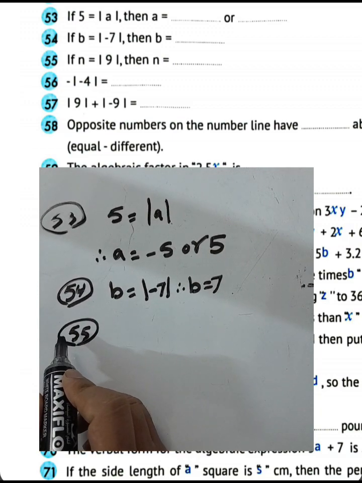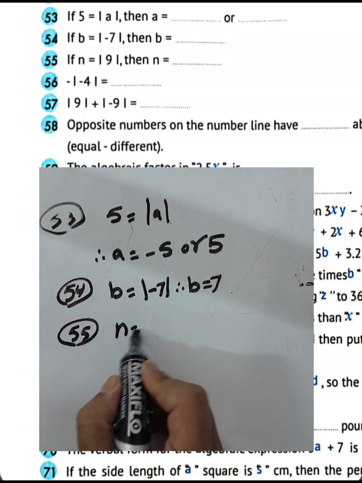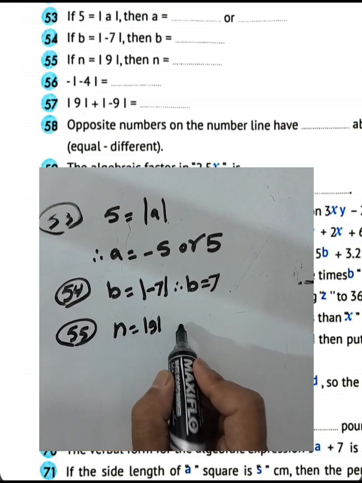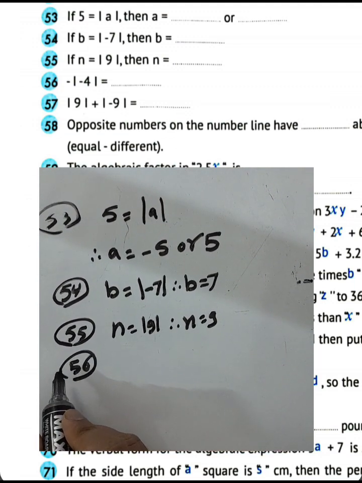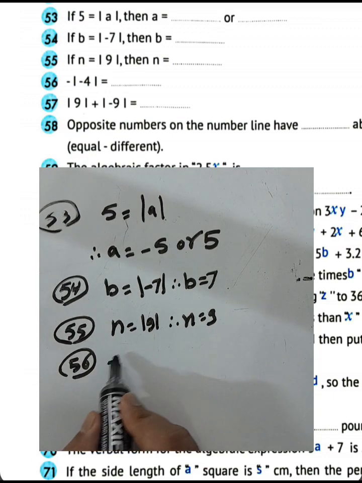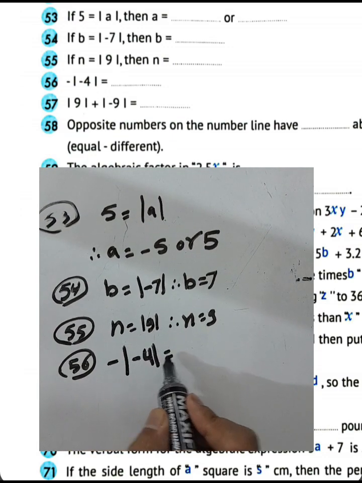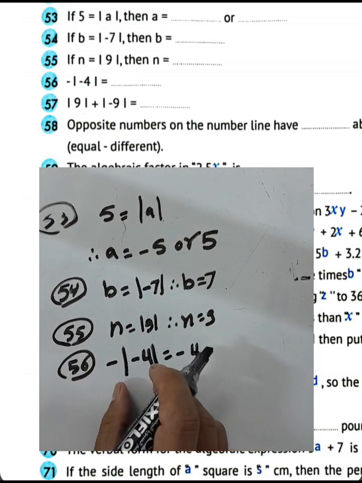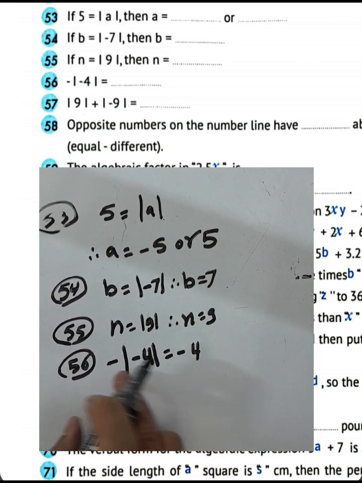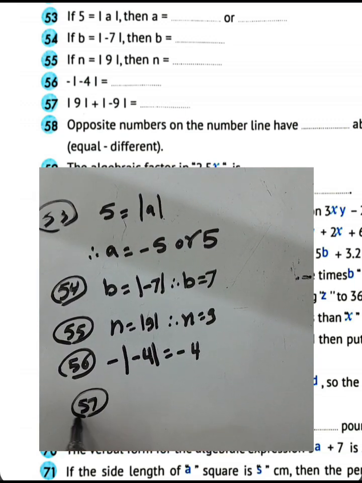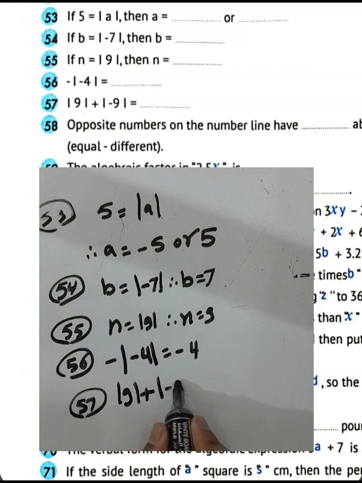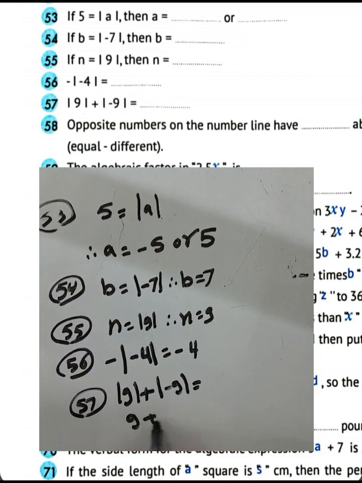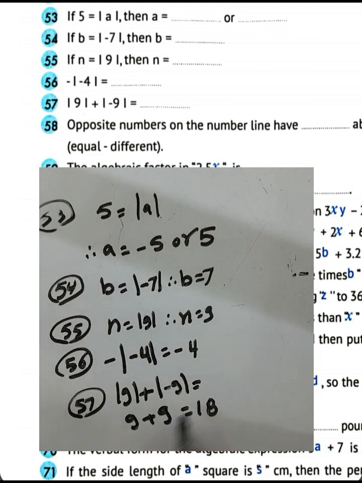Question 55. n equals absolute value of 9, then n will be 9. Question 56. Negative absolute value of negative 4, the result will be negative 4, because absolute value of negative 4 times negative 1 will be negative 4. Question 57. Absolute value of 9 plus the absolute value of negative 9 will be 9 plus 9, which is 18. The result here will be 18.